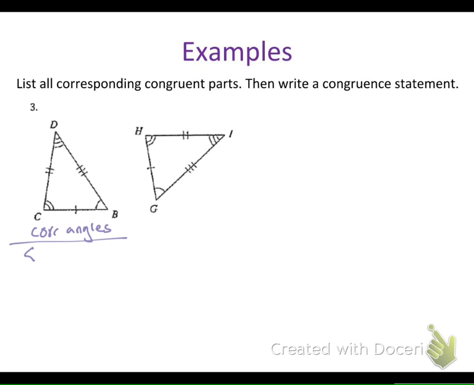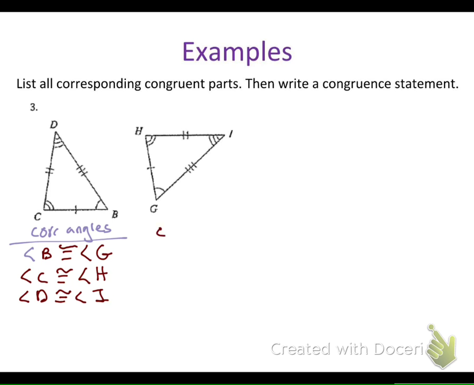I'm going to switch my color because I've been using that lilac looking color for a while. So we have angle B, which is congruent to angle G, and then angle C, which is congruent to angle H, and then the last angle, which is congruent to its matching angle. Here we're just matching the arcs on one triangle with the arcs on the other. That tells us that they are congruent and corresponding.